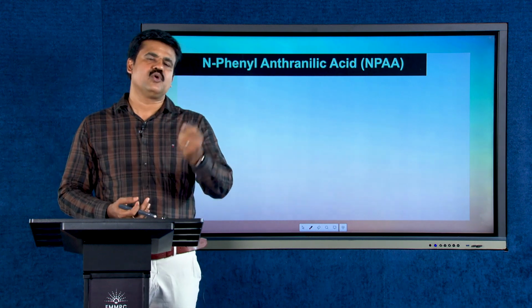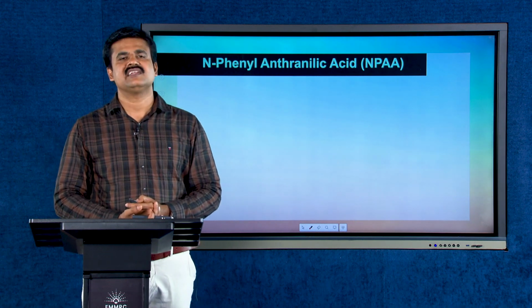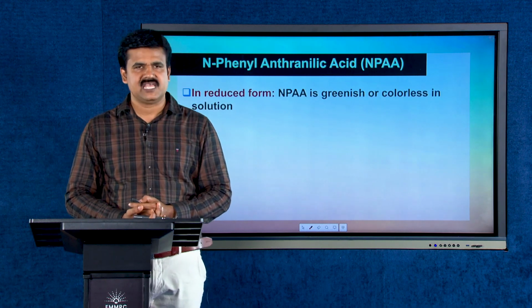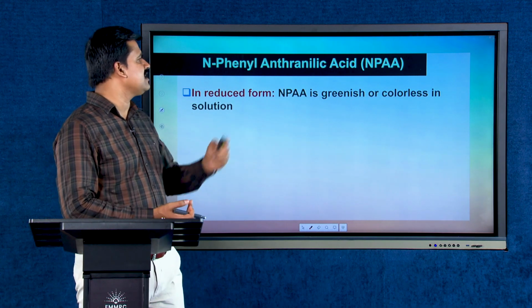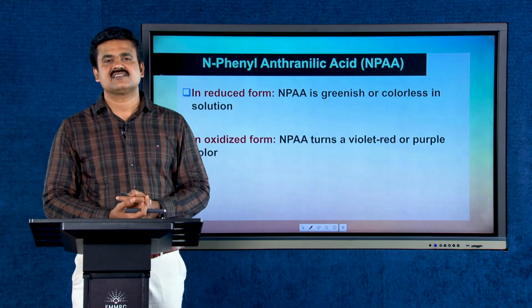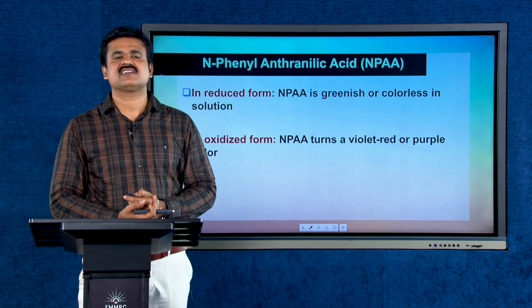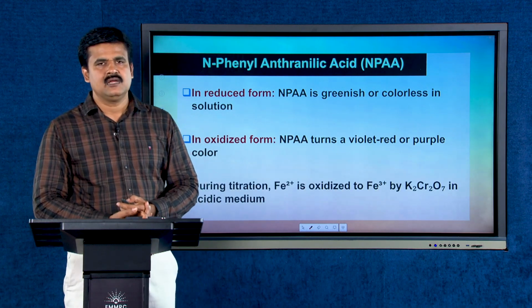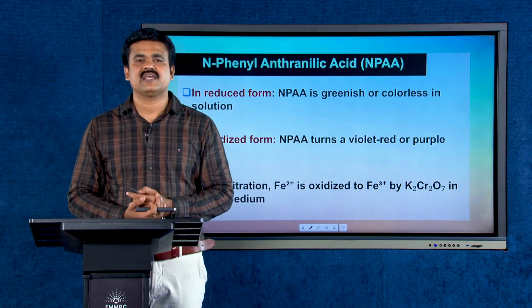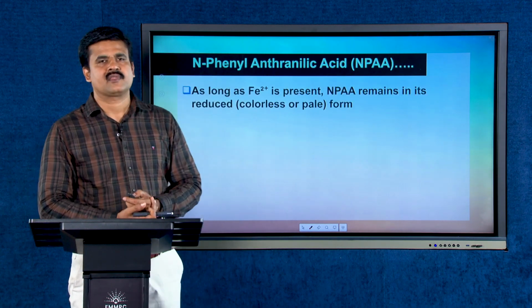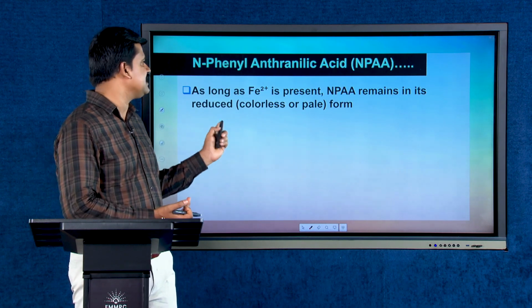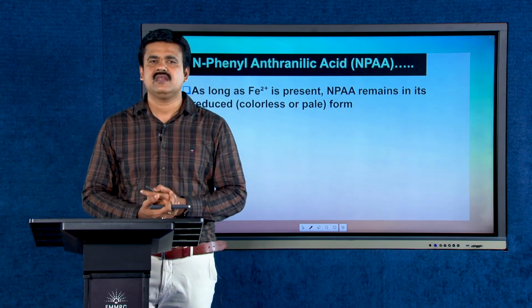Now we can enter into more details of these internal indicators. First of all, N-phenyl anthranilic acid, which is NPAA. In the reduced form, it is greenish or colorless, and in the oxidized form, it turns violet red or purple. During the titration, Fe2+ is oxidized to Fe3+ by potassium dichromate in acidic medium, and as long as Fe2+ is present, NPAA remains in its reduced form, colorless or pale greenish.